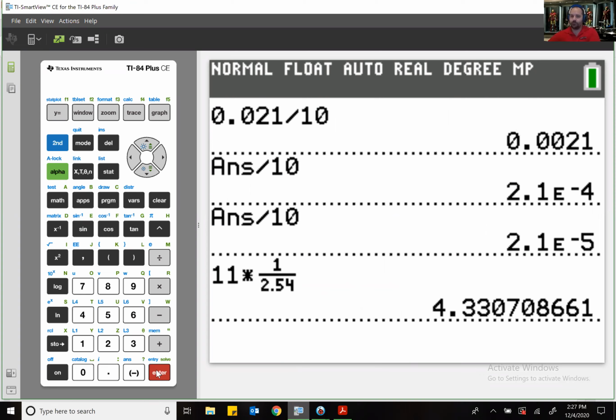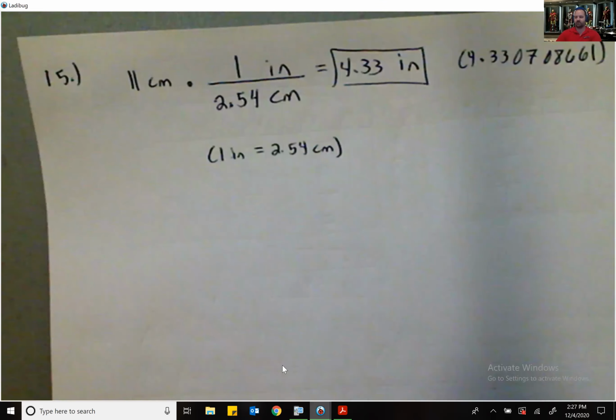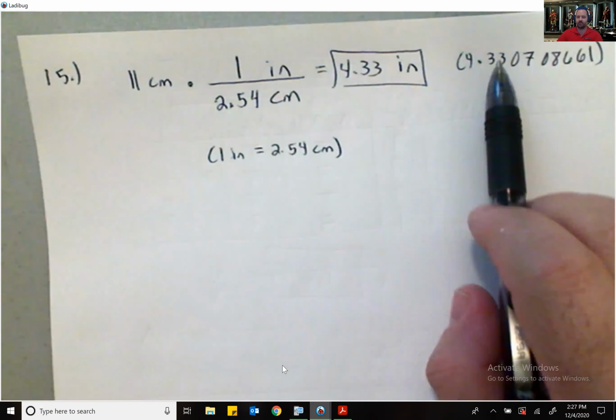So 2 decimal places. What do we get? 4.33. Perfect. So 4.33 inches. Because 2 decimal places, the 0 says, hey, 3, stay cool.